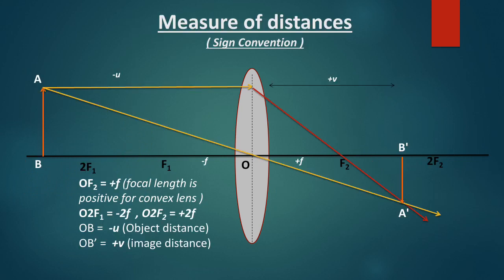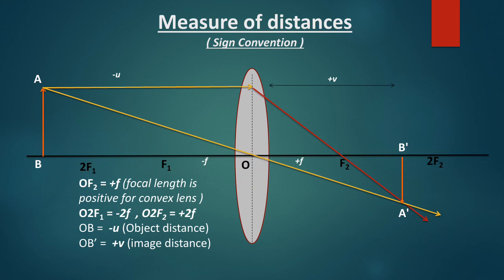Now we'll see the measure of distances, that is, sign convention. If you have the idea about the number line, here the optical center is taken as 0. So when we go to the left, we'll take the distance with a negative sign. When we go to the right, we'll take the distance with a positive sign.